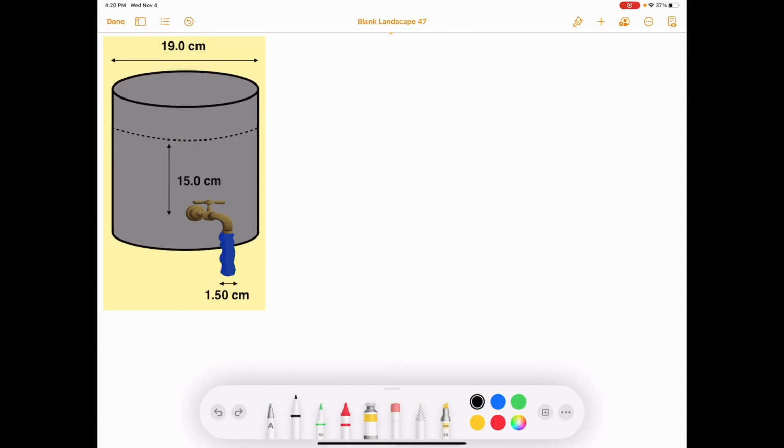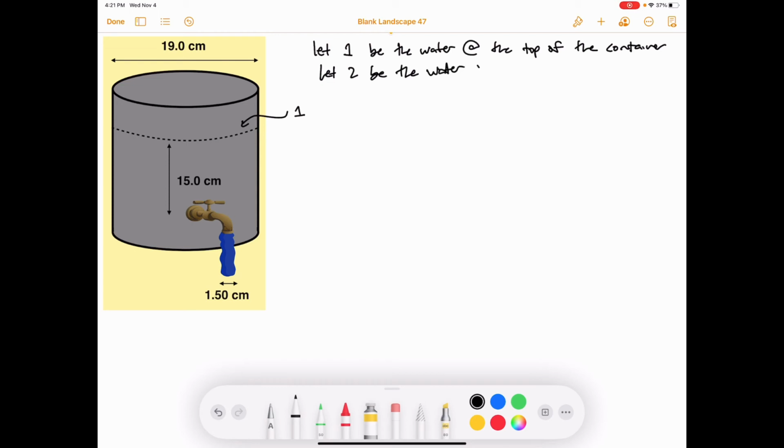Okay, so first we're going to label two different points in the fluid. Let point 1 be the water at the top of the container. So this is point 1 right here. And then we'll let point 2 be the water coming out of the spout. So point 2 is right down here.